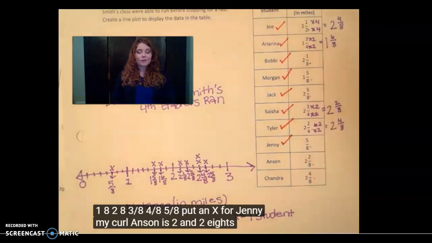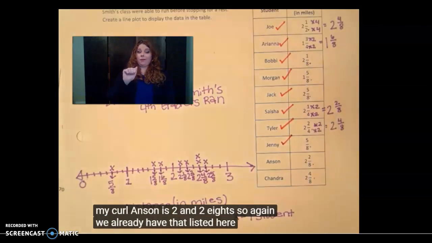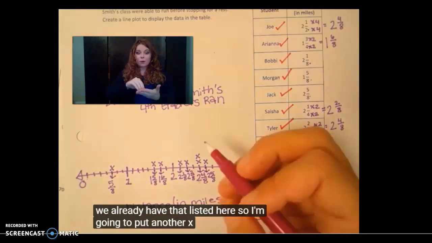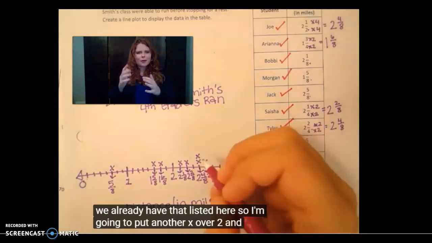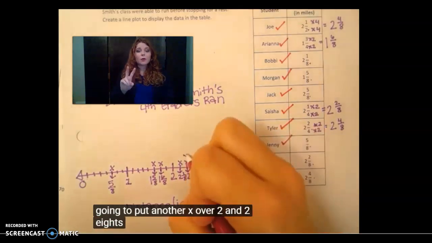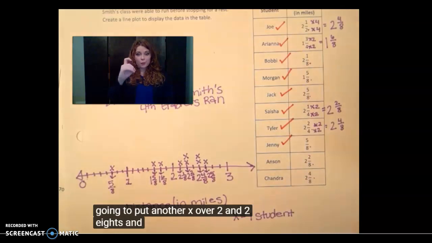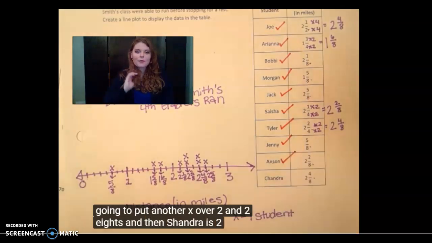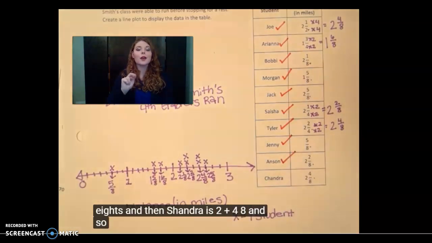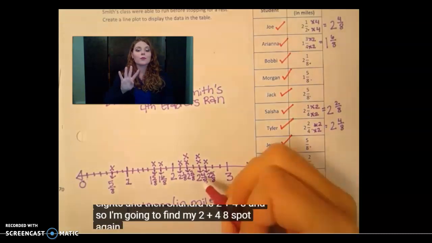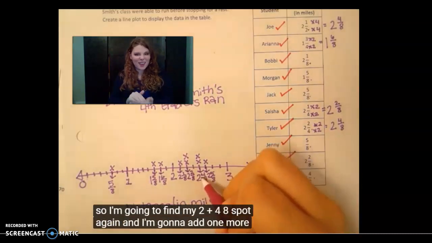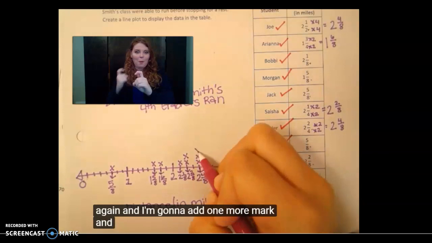Anson is 2 2/8. So again, we already have that listed here. So I'm going to put another X over 2 2/8. And then Chandra is 2 4/8. And so I'm going to find my 2 4/8 spot again. And I'm going to add one more mark.